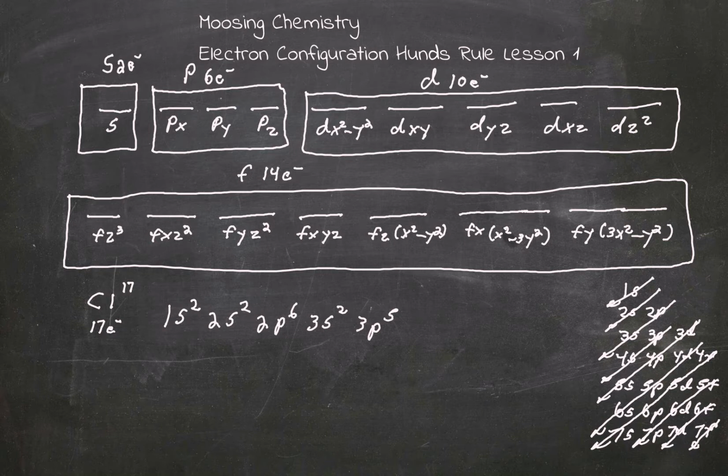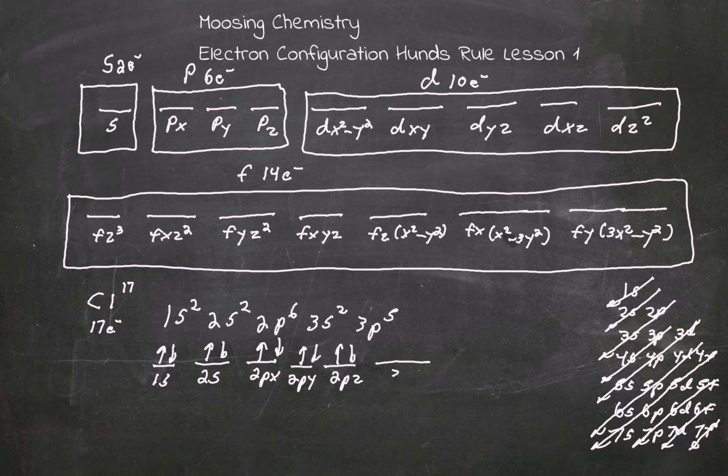Now let's put this in orbital notation, which we call Hund's rule. So you would say 1s up and down, 2s up and down, 2px, 2py, 2pz. You have 6 electrons, so go 1, 2, 3, 4, 5, and 6.